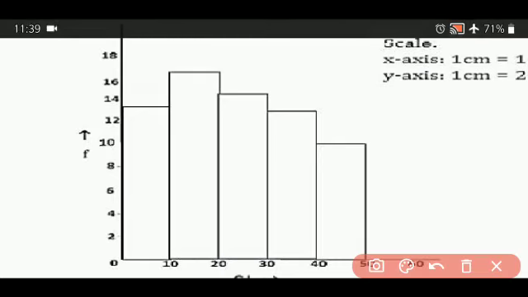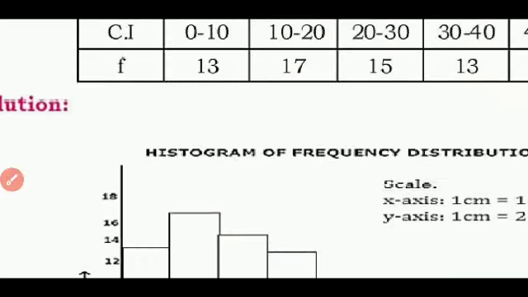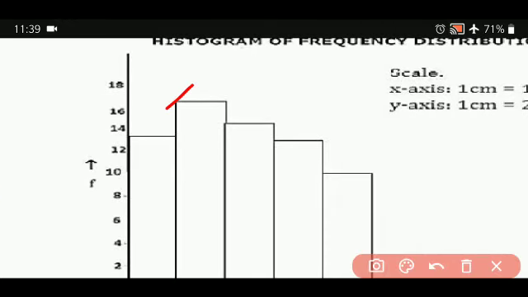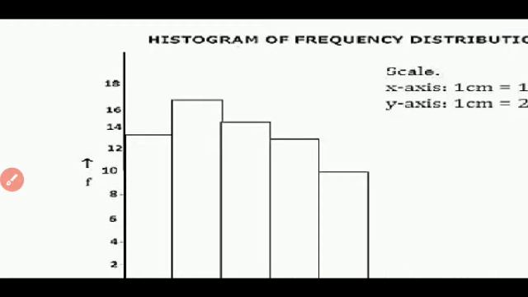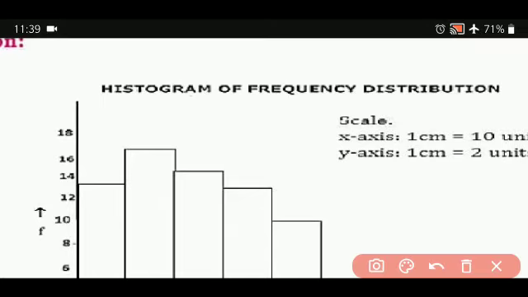Adjacent means, see, all the bars are touching, there is no gap. This is how you draw the histogram. Similarly, for 10 to 20, the value is 17. You draw it up to 17. Next, for 20 to 30, it is 15.